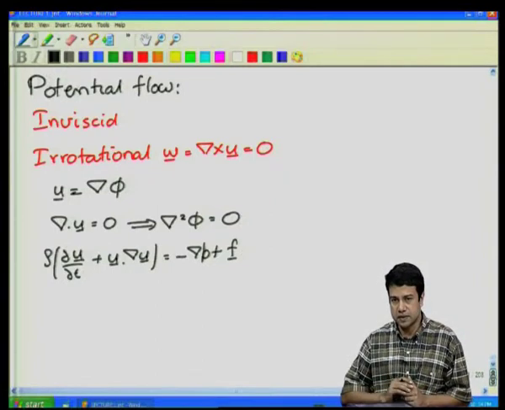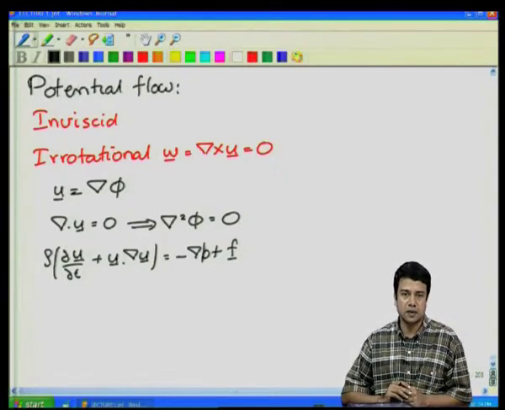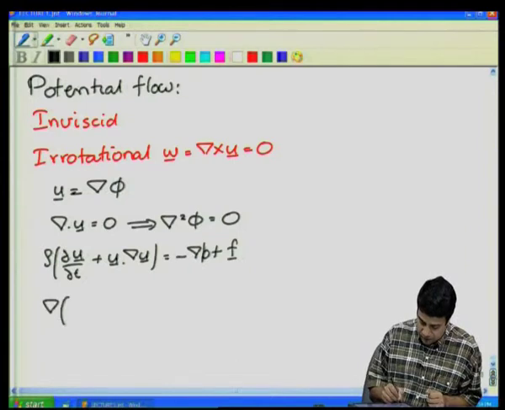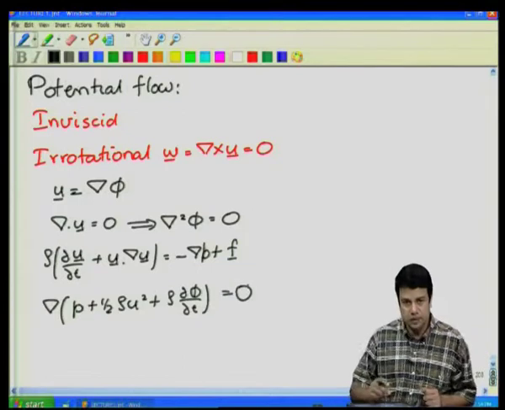We have neglected the viscous term in the conservation equation, and we have seen that this can be reduced to an equation of the form gradient of p plus half rho u square plus rho d phi by dt. Okay. This is equal to 0.